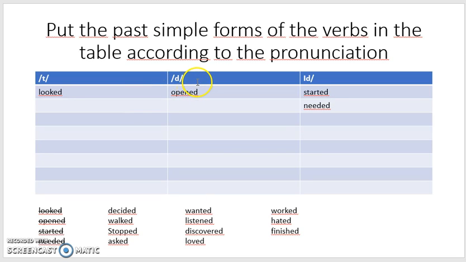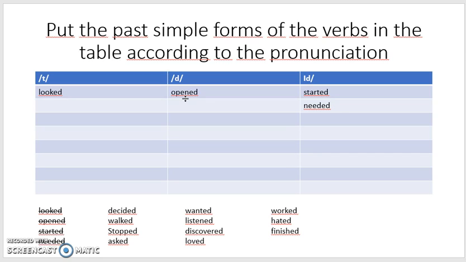Okay, now, with the second column, the sound of the ed ending in the past simple is d. Okay, and this happens when the ending of the base form is a voiced sound, where you can hear a vibration or feel a vibration when you touch your throat.